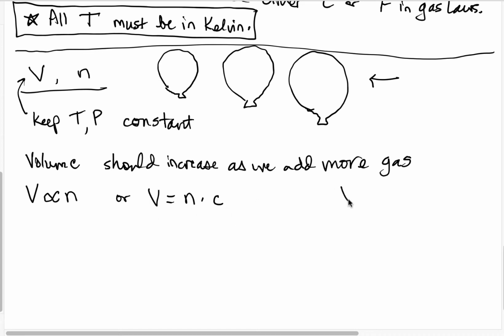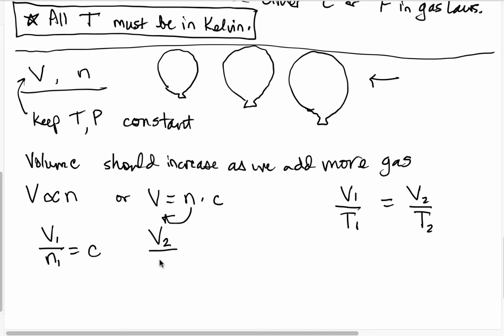Just like we had V1 over T1 is equal to V2 over T2 with our previous direct relationship, if we divide out the number of moles, you can see that V1 over N1 would be equal to the constant. And for some other volume and number of moles of gas, this would still be true. The same proportionality constant still works, which means that we can relate the number of moles of gas to the volume in a similar kind of setup.